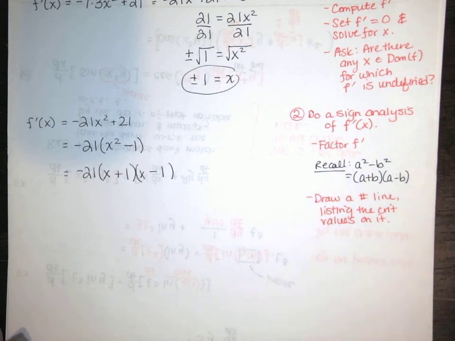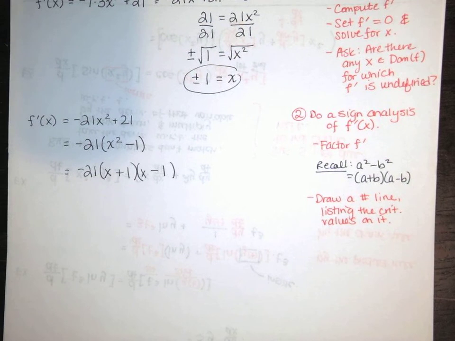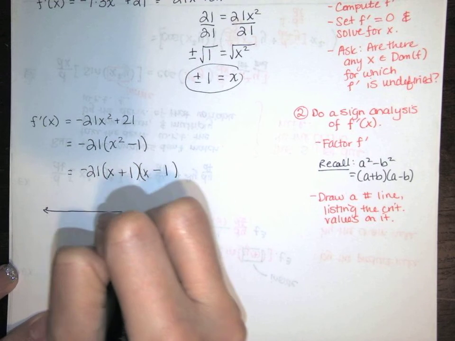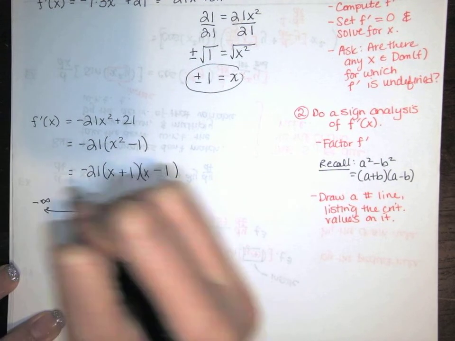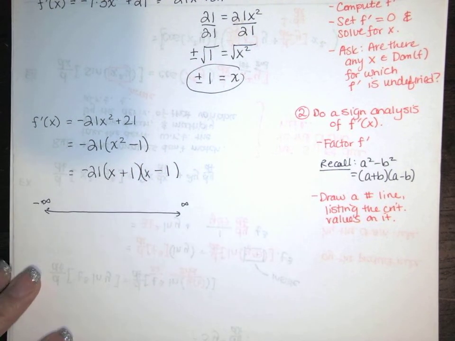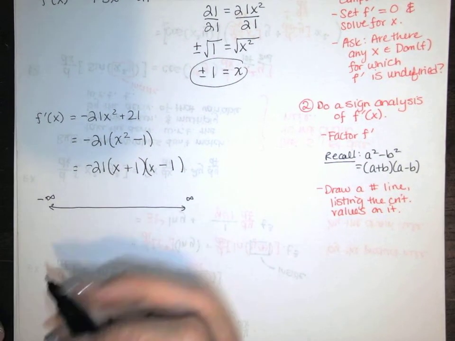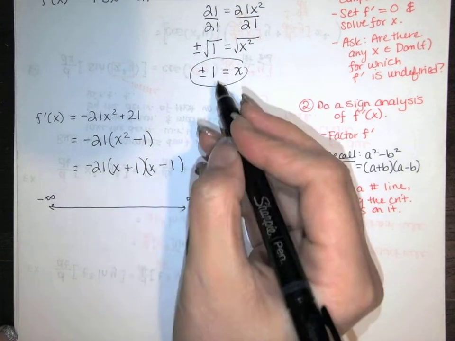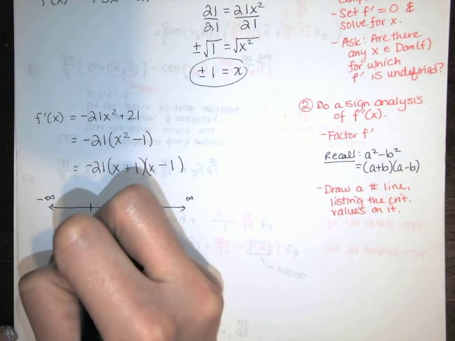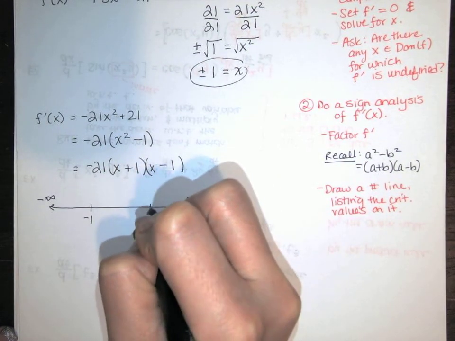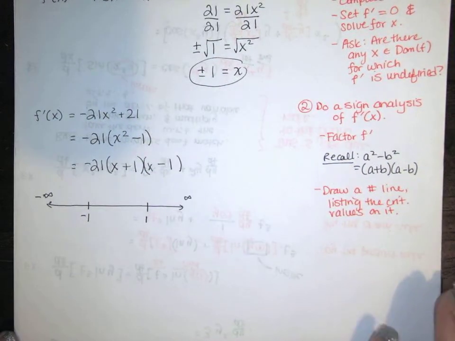Critical numbers, critical values, same thing. And of course, you're putting them in order because it's a number line. It goes from -infinity to infinity. These are x values, okay? The two critical values were positive and -1, so -1 comes first, then we've got 0 in the middle, and we've got x equals 1 over here.